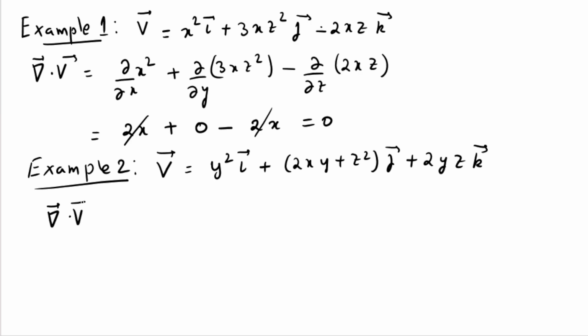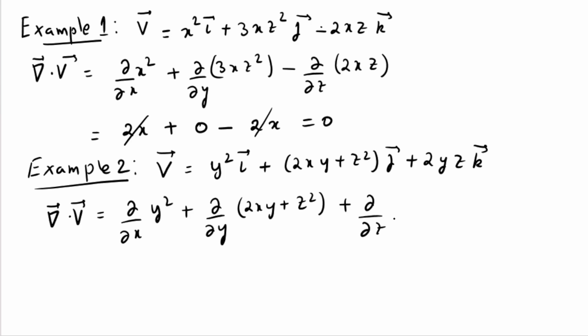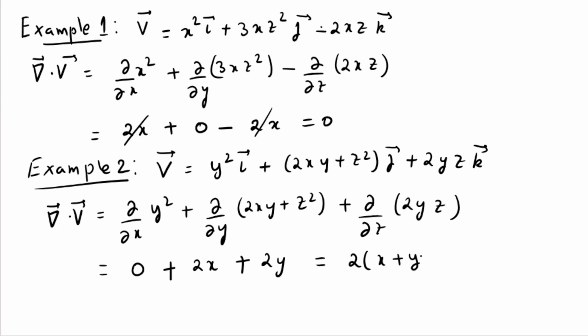The divergence of v is given by dou by dou x of y square plus dou by dou y of 2xy plus z square plus dou by dou z of 2yz. This gives me 0 plus 2x plus 2y, which can be written as 2 of x plus y. So as you can see, the divergence can be positive, negative, or 0.